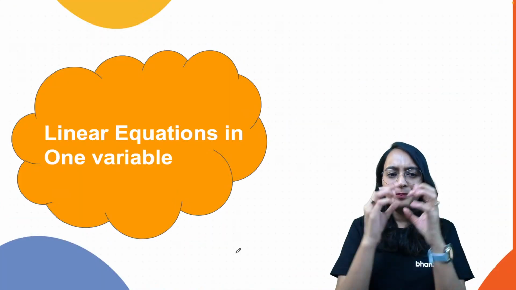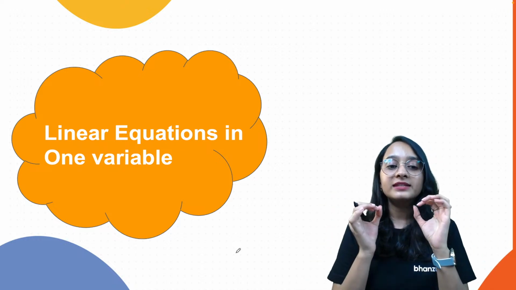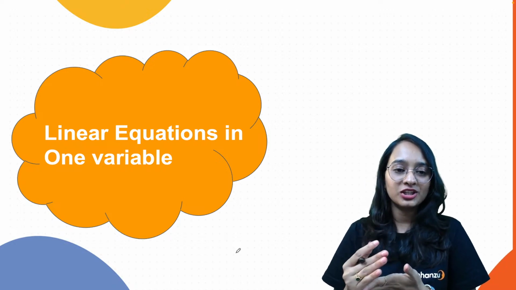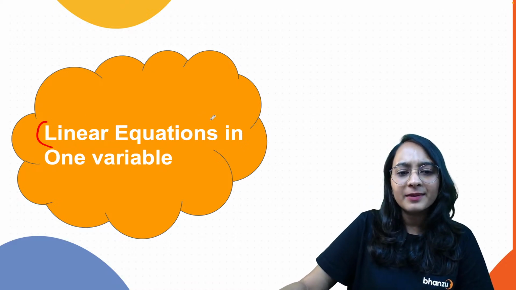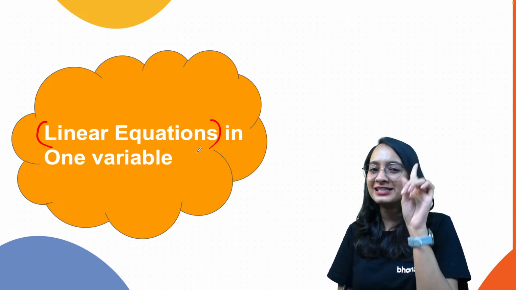Now let's break this entire chapter's name into parts and learn. Now the entire chapter's name here is algebraic equations in one variable. Now first let's learn about what do I mean. The entire chapter's name is linear equation in one variable.